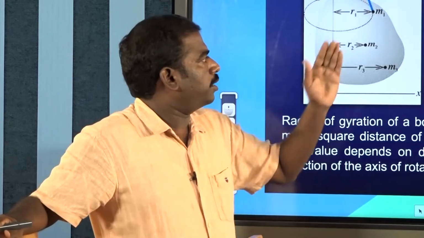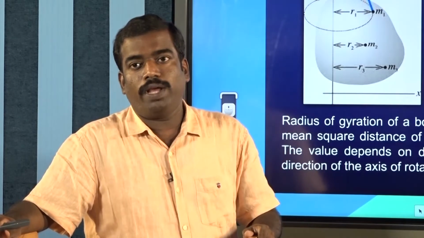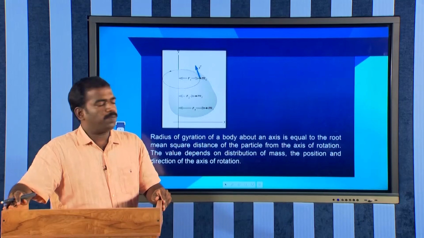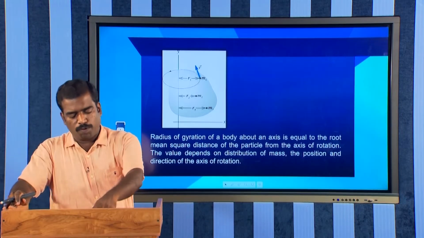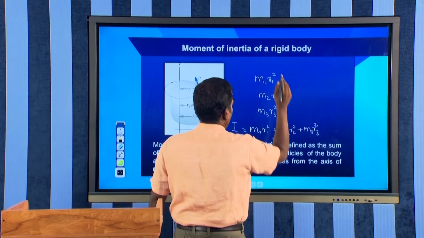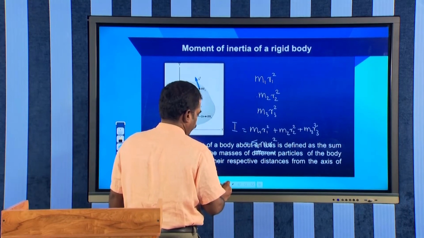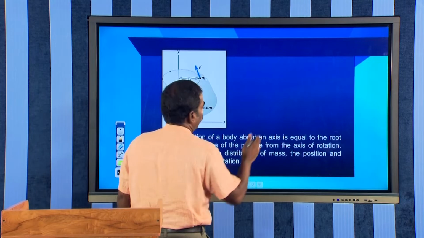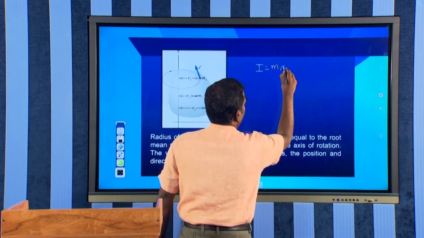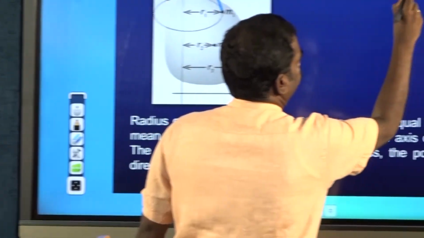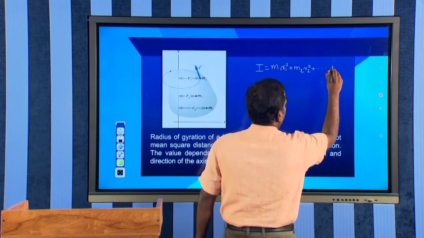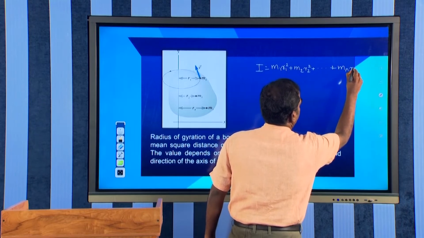So, we have another choice. Here we are introducing the term radius of gyration. Suppose there are n number of particles, it is given by I equal to m1 r1 square plus m2 r2 square plus etc. plus mn rn square.